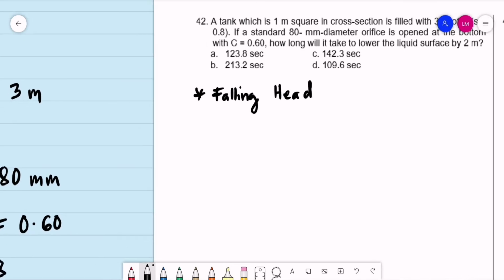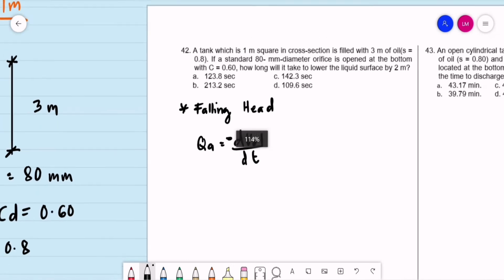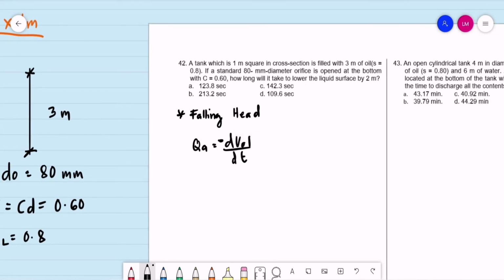So, yung pinaka-basic concept nito para sa formula is that yung basically ang discharge is the differential volume divided by the differential time. So, negative differential volume over differential time. Negative siya dahil nababawas. Kaya kung gusto natin kunin yung time equal to the negative differential volume, this is divided by the flow rate actual.